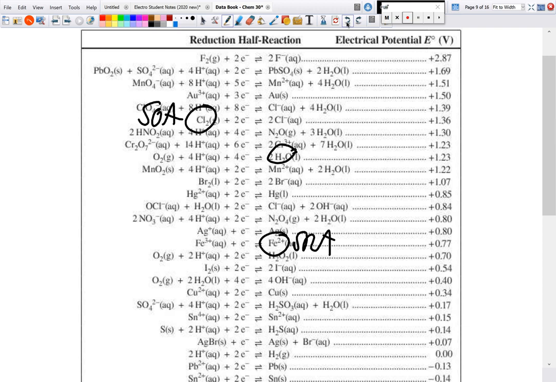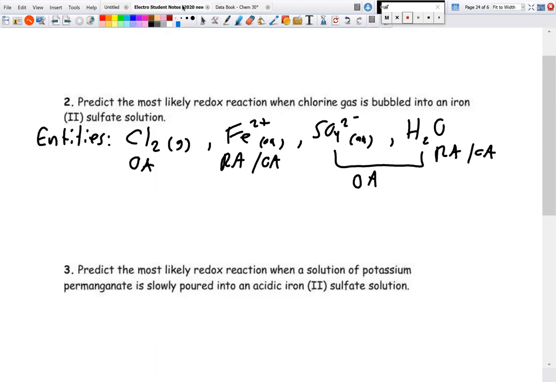And our sulfate won't work either. So our strongest oxidizing agent is chlorine, and our strongest reducing agent is iron, which means that iron won't be an oxidizing agent, SO4 won't be an oxidizing agent, and water won't be an oxidizing agent or a reducing agent.